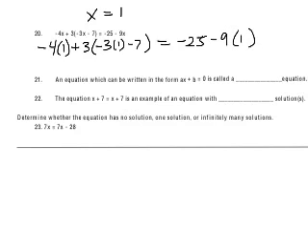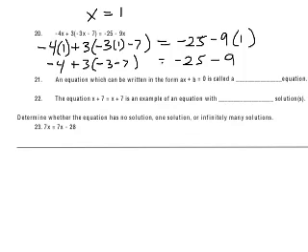That gives us negative 4 plus 3 times negative 3 minus 7 equals negative 25 minus 9. So we have negative 4 plus 3 times negative 10 equals negative 25 plus a negative 9, which would be negative 34.